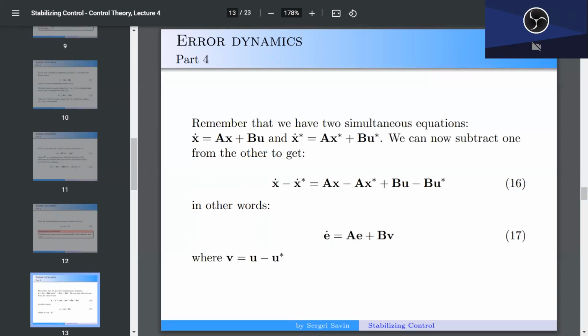And the next step after we define an error is to subtract from the original equation our equation on the slides, x dot star equals A x star plus B u star.